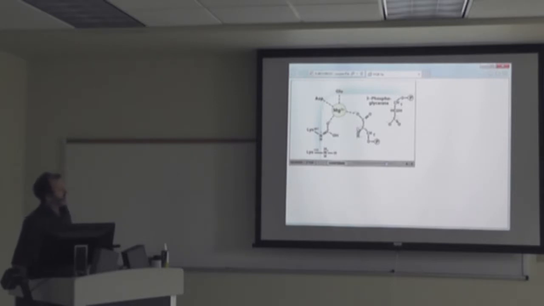And then you have this carbanion intermediate. It picks up a hydrogen ion from the lysine. And that's your second 3-phosphoglycerate formed from that ribulose and the carbon dioxide.